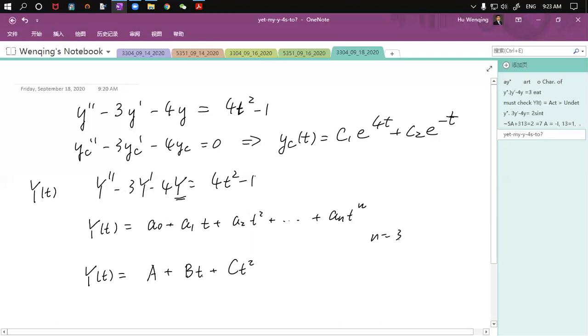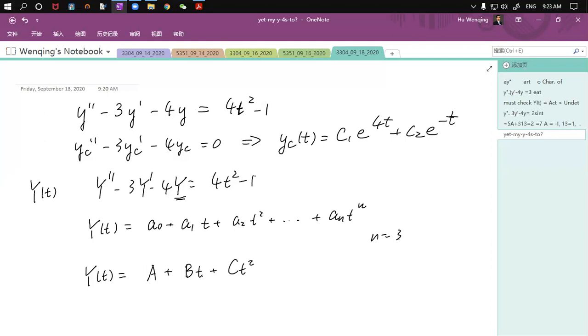So you should try a polynomial whose order is exactly equal to that of the right-hand side. The right-hand side is a second order polynomial, so you should try a second order polynomial. You don't try a first order polynomial, and neither do you try a third order polynomial. Is that good for everybody?